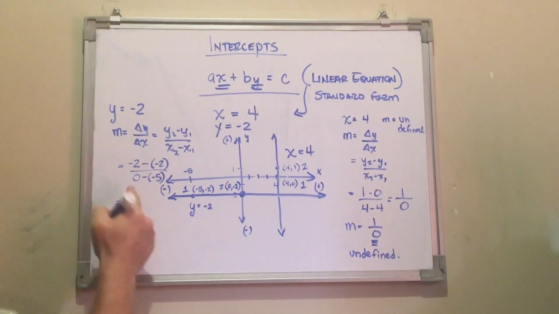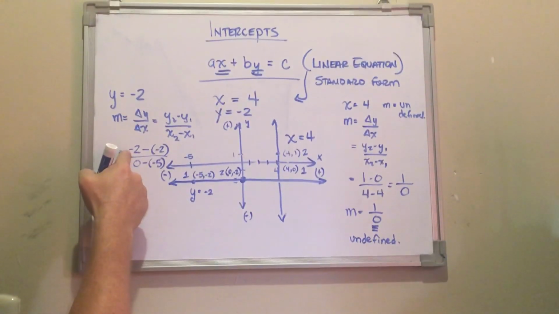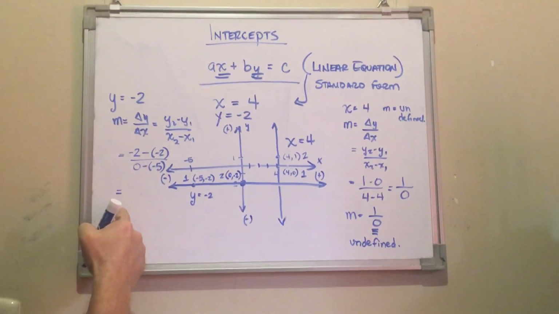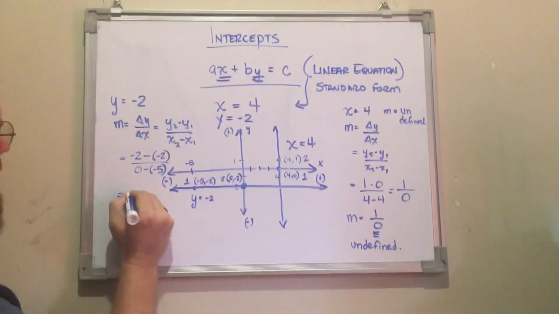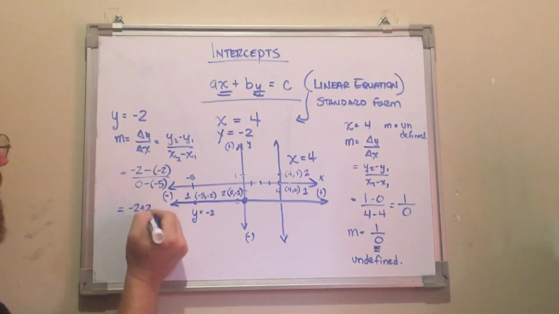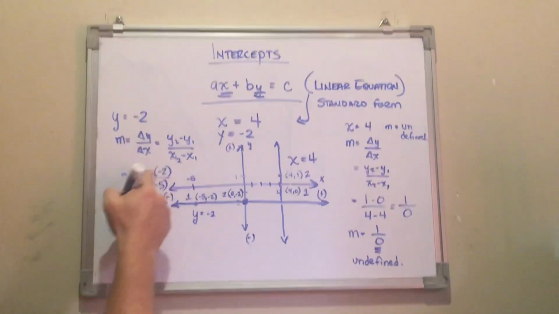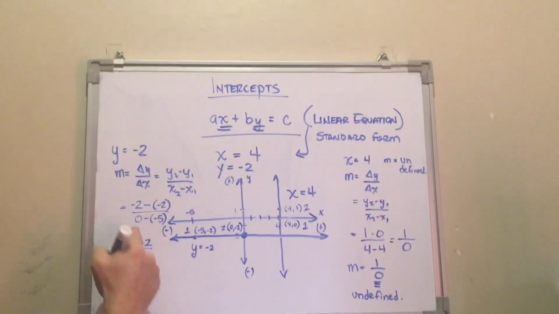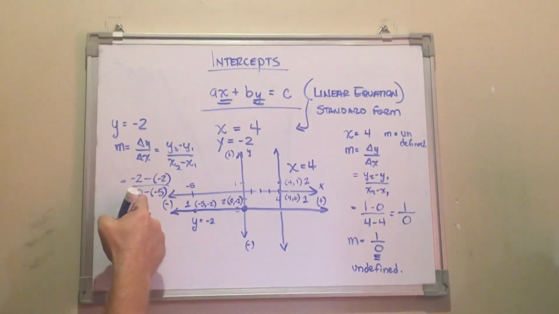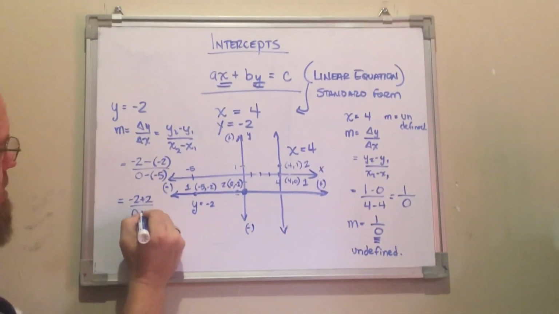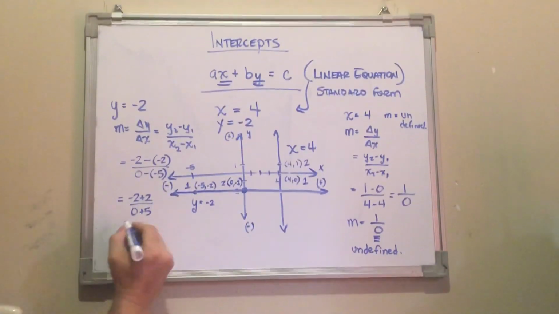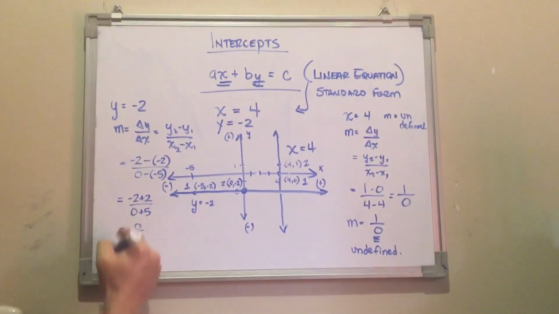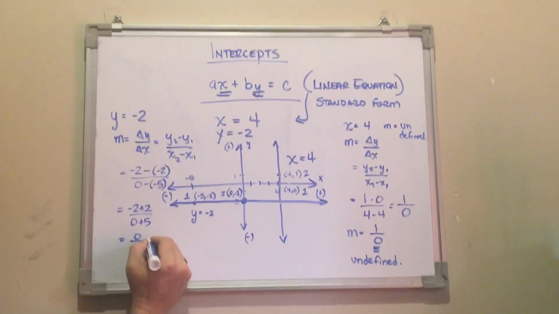So that equals, what's negative 2 minus a negative 2? Well, what is negative times negative? That's a positive, so I've got negative 2 plus 2, over 0 plus 5. That equals negative 2 plus 2, which is 0, over 0 plus 5, which is 5.